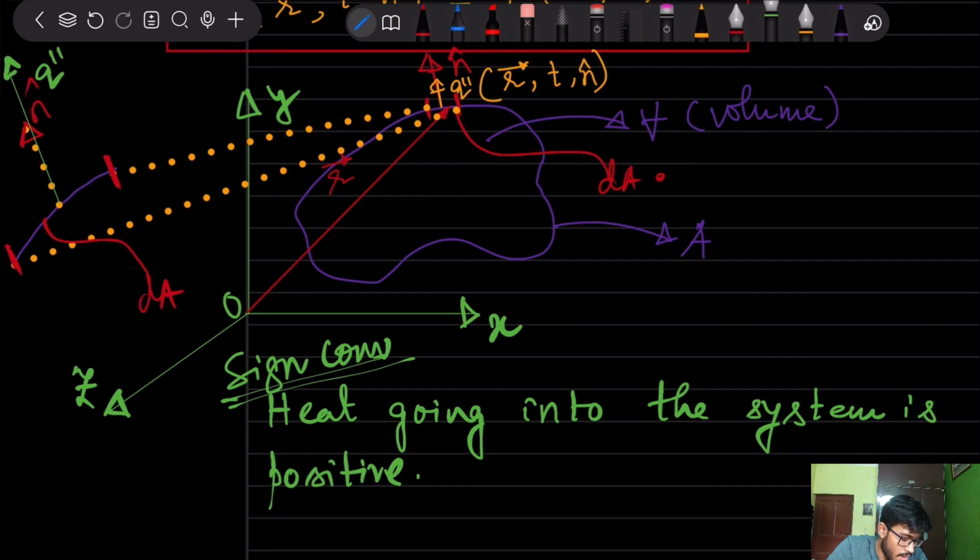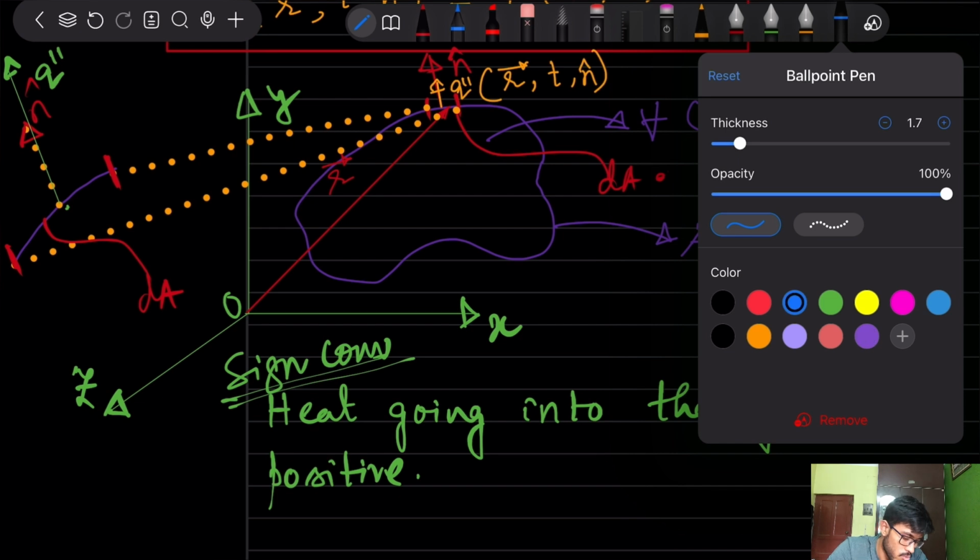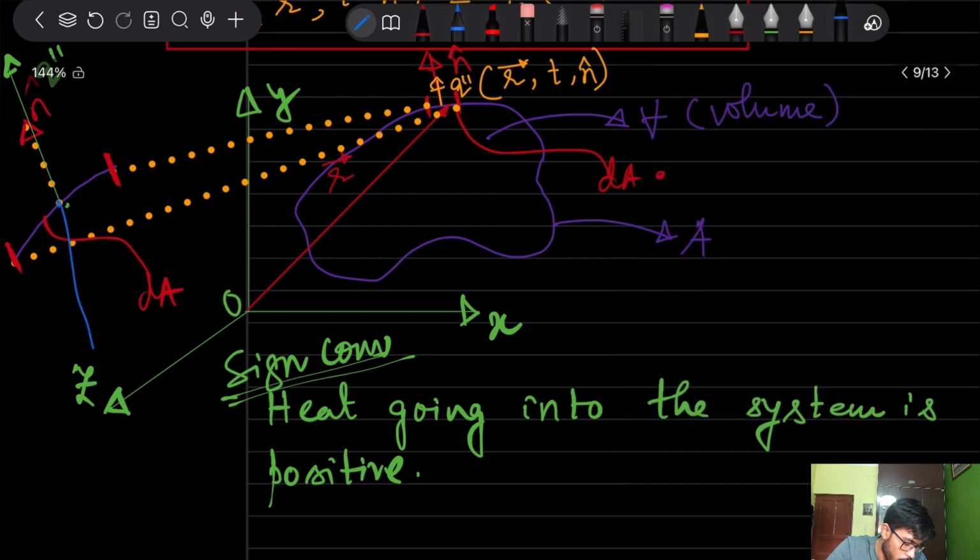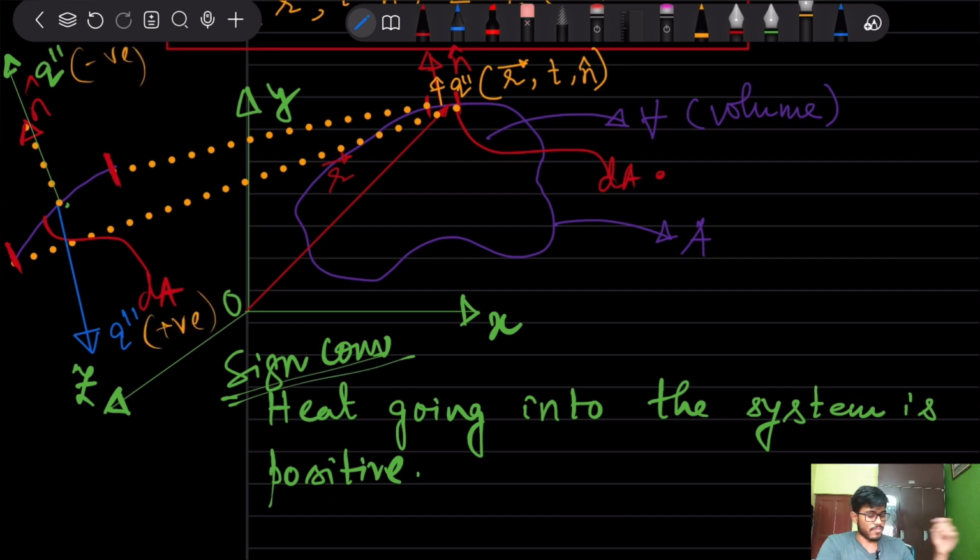And if my heat flux is going inside the surface, let me draw it with another color, maybe blue, then it is positive. So for this case I will have the negative heat flux, and for this case I will have a positive heat flux, right?